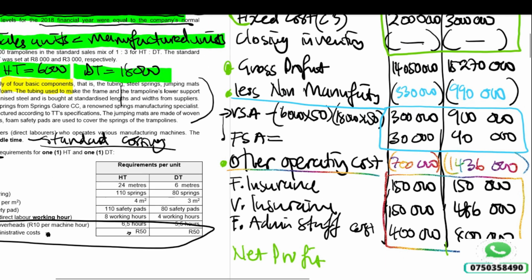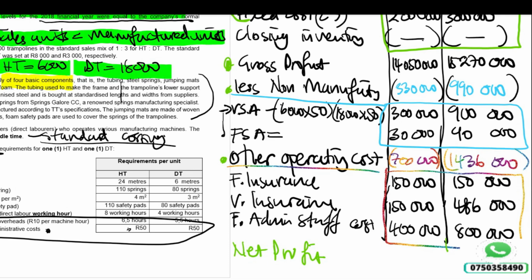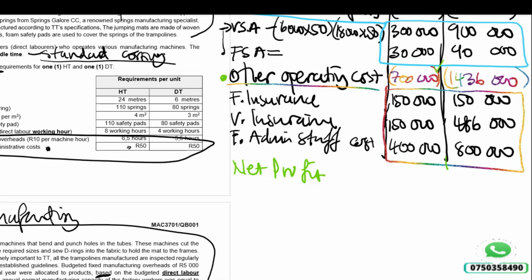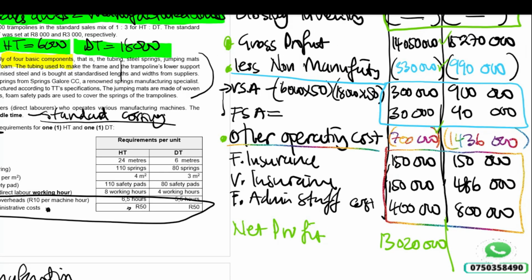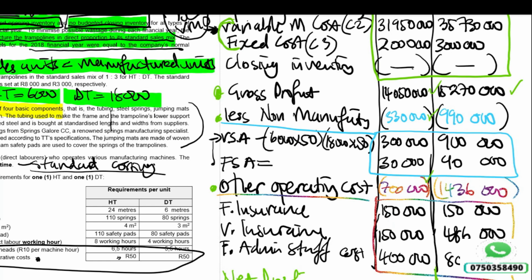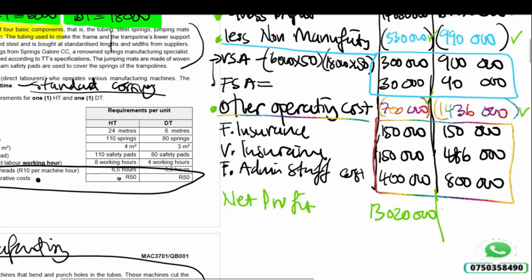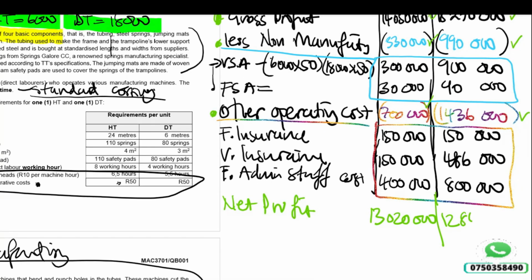So it's going to be 14,050,000 less 40,050,000 less 330,000 less 700,000, which gives us 13,020,000. Then for product DT, same procedure again. The gross profit, less non-manufacturing cost, less other operating cost, gives us 12,844,000.